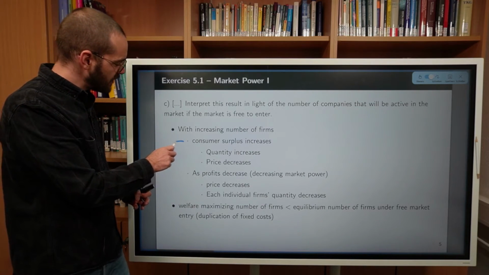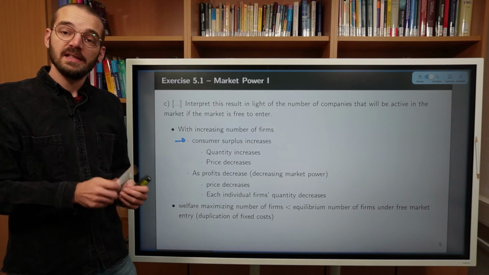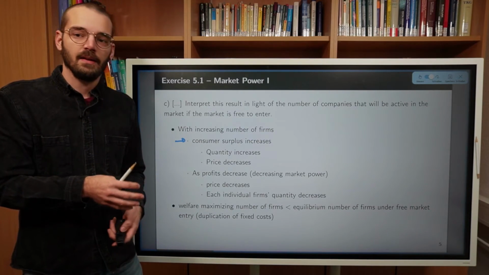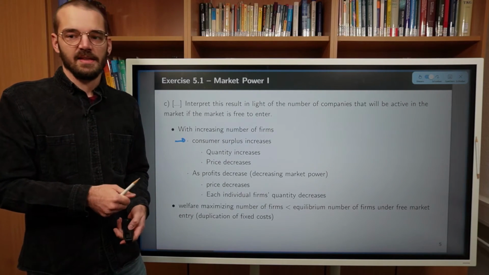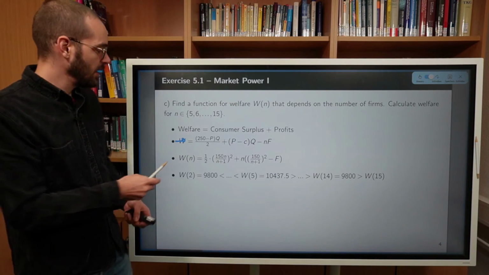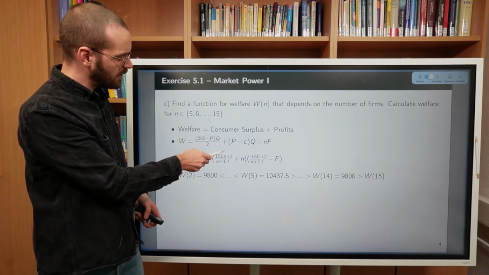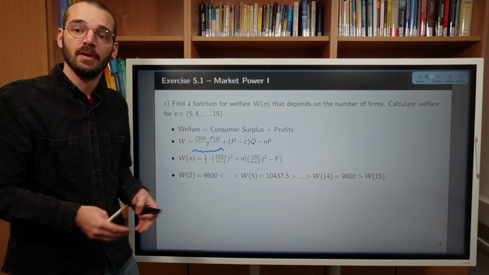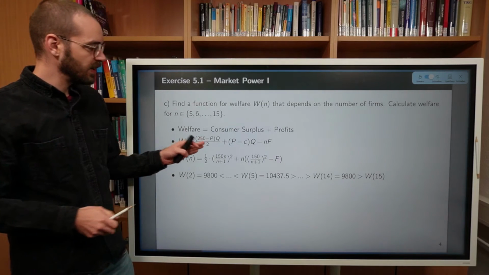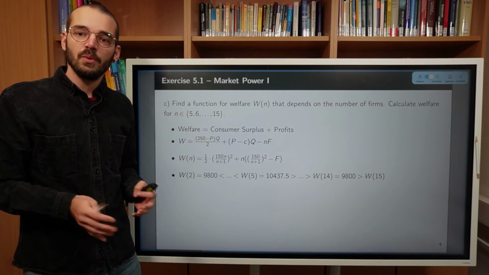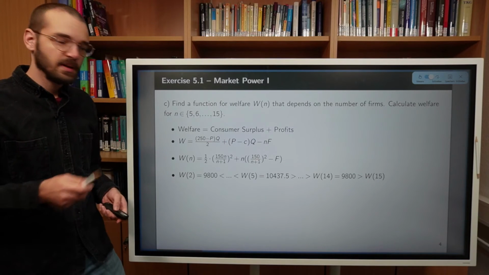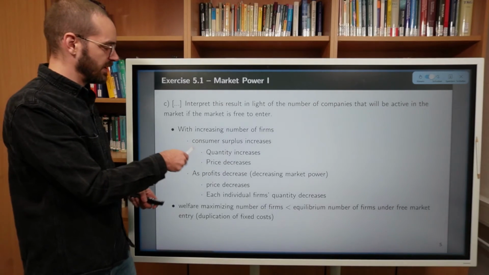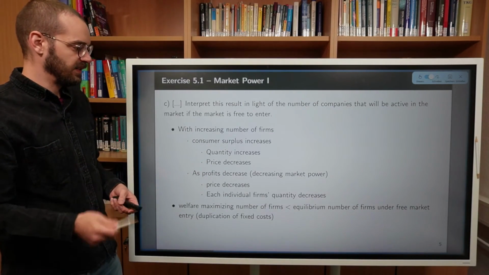So the first effect is that the consumer surplus is increasing in the number of firms, and you can again verify this and convince yourself of this by having a look at the formula for consumer welfare as a function of the number of firms that we derived earlier. Once you have plugged in P and Q as functions of the number of firms, you will come to the realization that the consumer surplus is increasing in the number of firms.